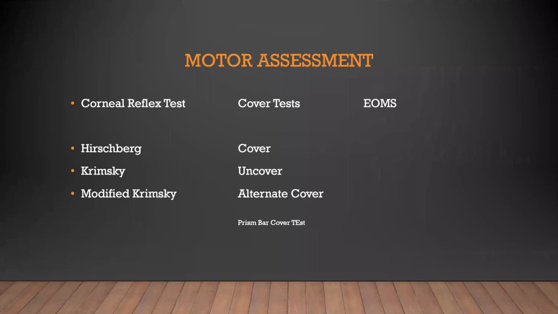You want to look at head posture of a patient, whether the patient is walking in with a specific head posture. Yes, someone has mentioned head tilt. That's absolutely correct. What else do you want to look at? Face turn, chin lift. So these are all types of abnormal head postures which you want to look for when the patient walks in or when the patient is taking a vision test.